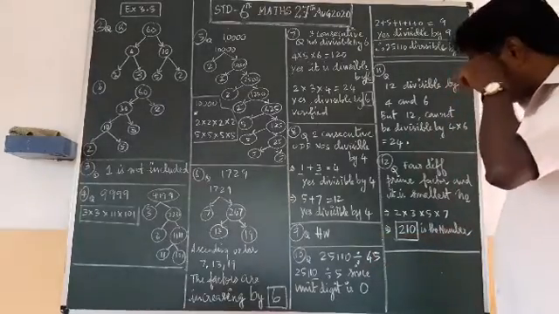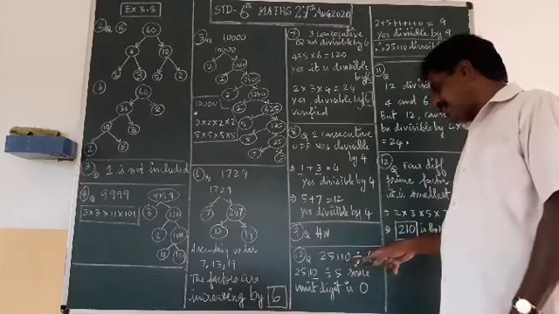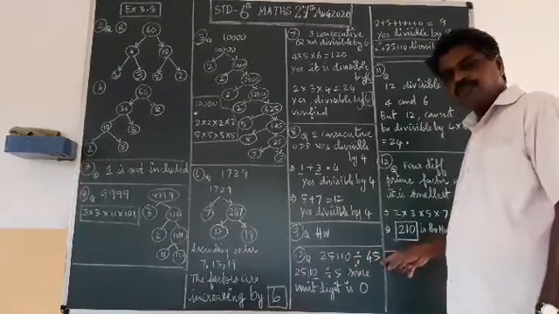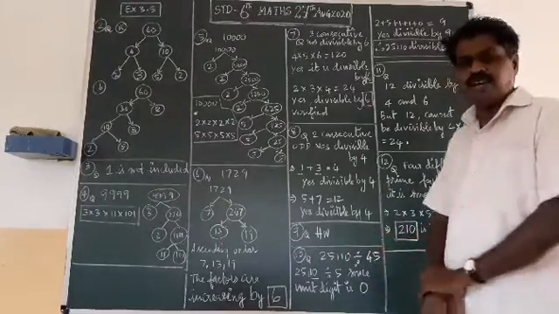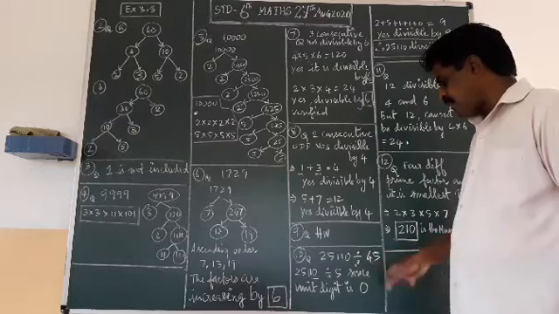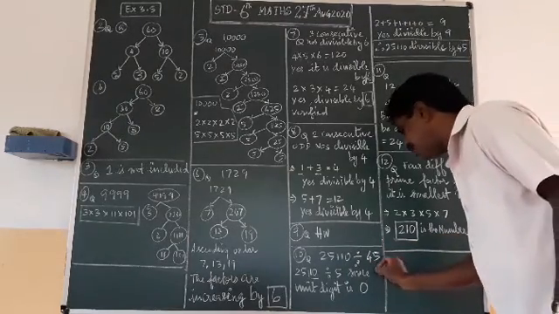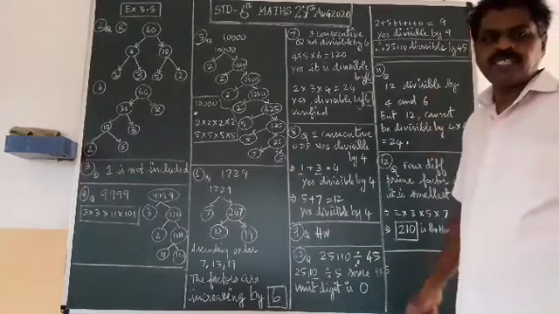Then the 10th question. What are they asking? Is 25,110 divisible by 45? Check and verify. 45 has factors 9 and 5, since 9 fives are 45.